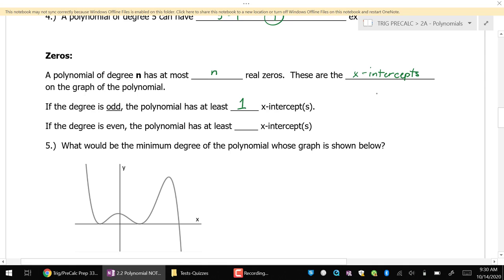If we go up, down, or down, up, it's going to have to strike at some point right there. But if the degree is even, it actually doesn't have to cross at all. Think of a parabola. A parabola does not have to cross the x-axis. Same thing with a degree 4, a quartic might look like that, and it never crosses the x-axis.